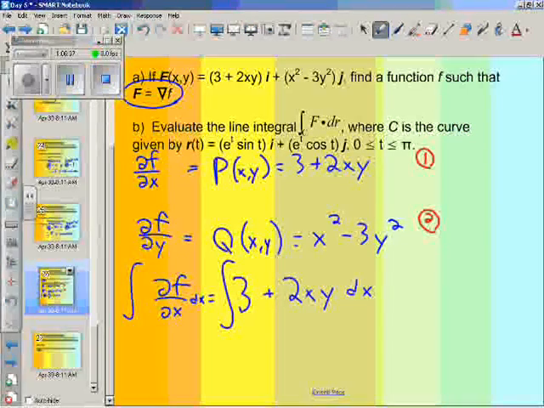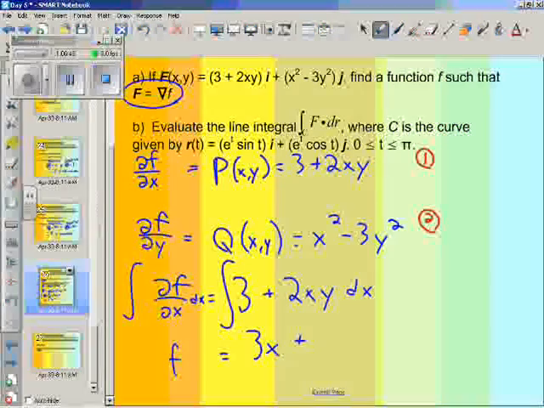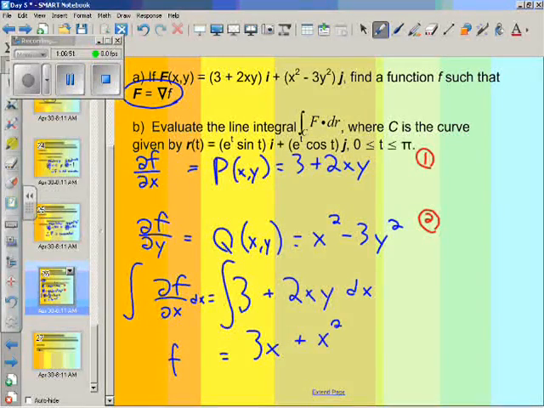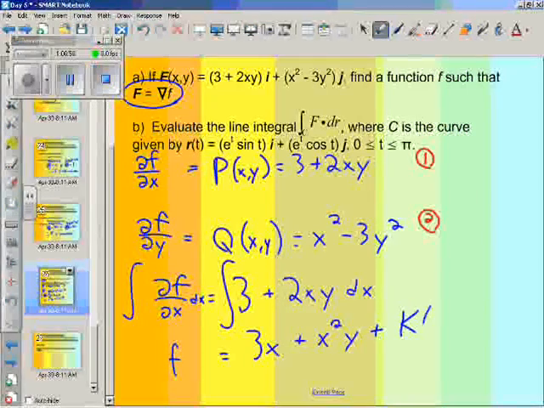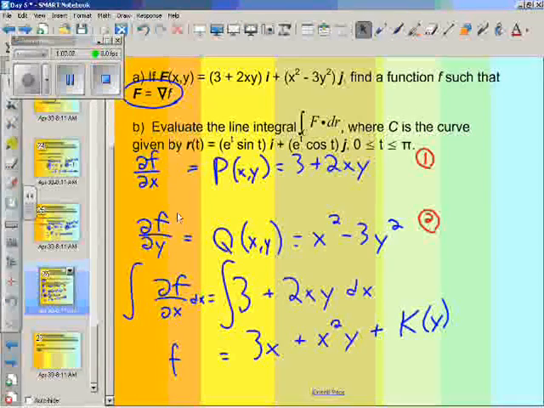Over here we would just get f, and that would be equal to 3x plus x squared y plus some function that only has to do with y. The reason that comes up is because when we differentiate with respect to x, that'll just go away.